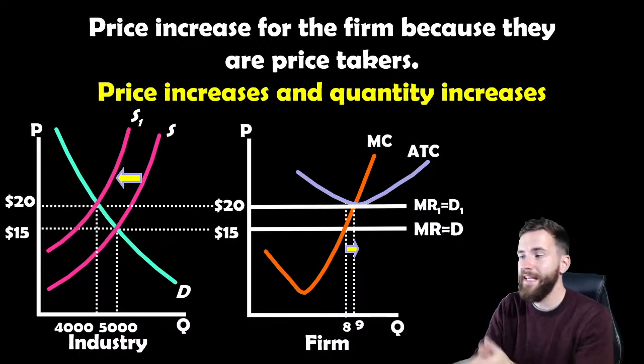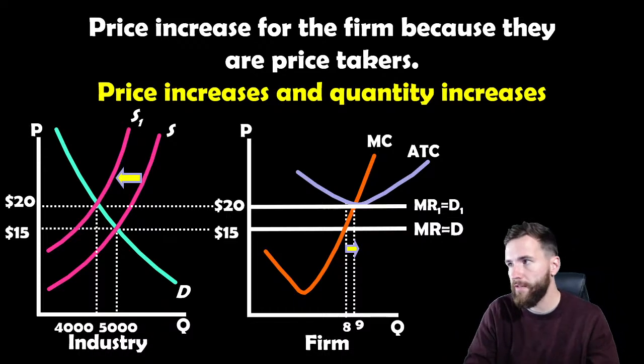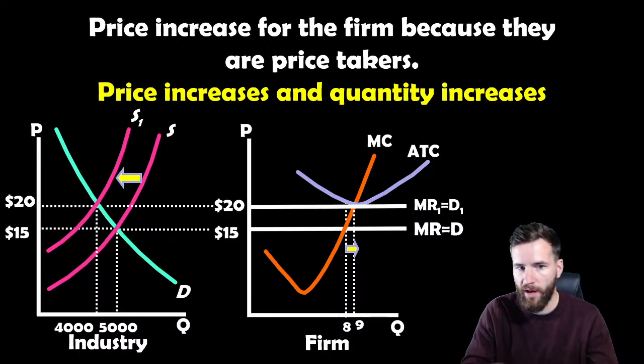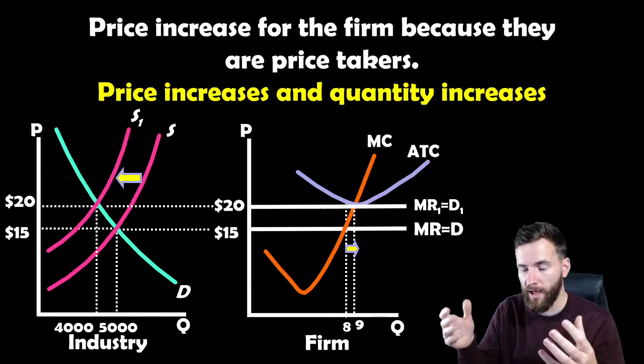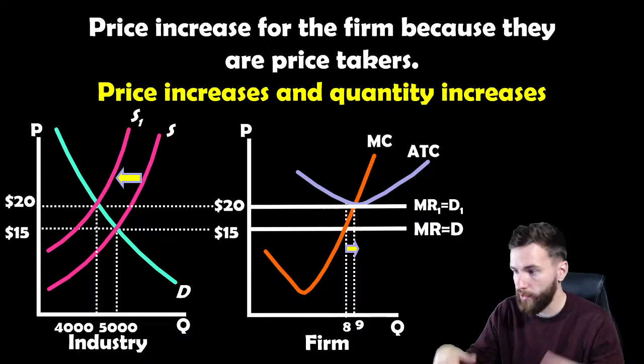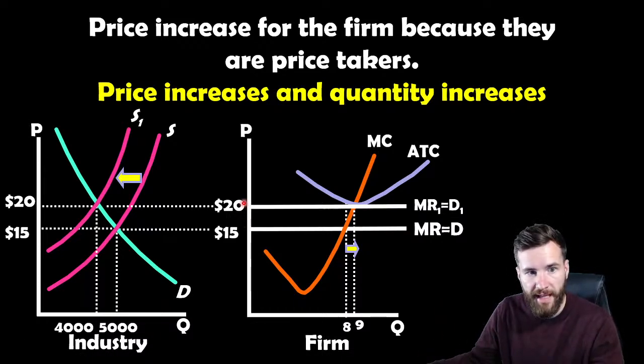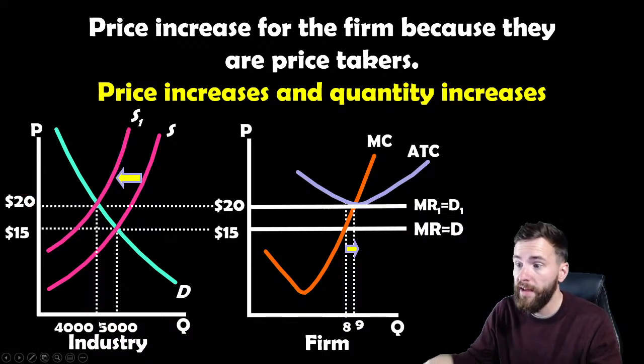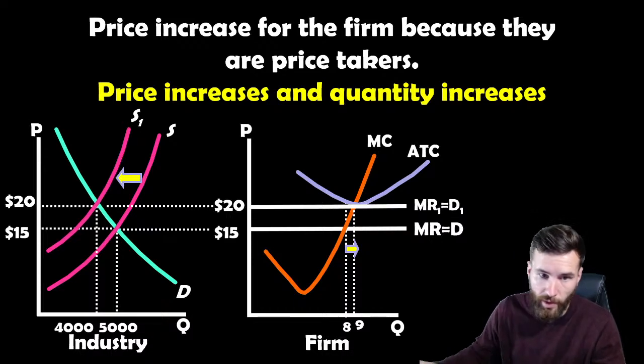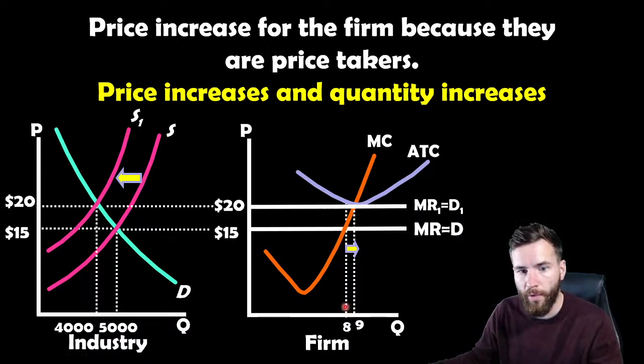So what happens in the long run if a perfectly competitive firm is experiencing economic losses? Well, eventually supply decreases, which is going to increase the price for both the firm and the industry, right? We're going to have less supply in the entire industry because we have less firms, but the firms that stayed will actually produce more quantity than they did beforehand, right?